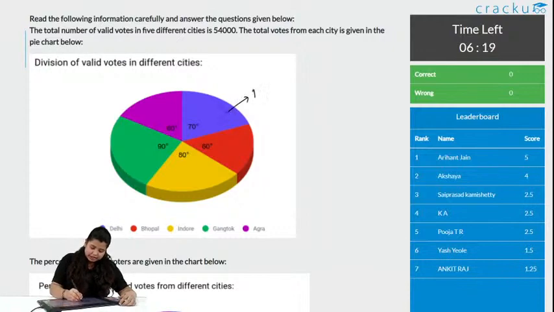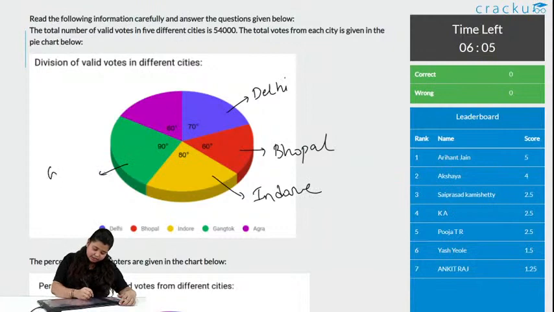This is Delhi, this is Bhopal, the yellow one is Indore, the green one is Gangtok, and the purple one is Agra.